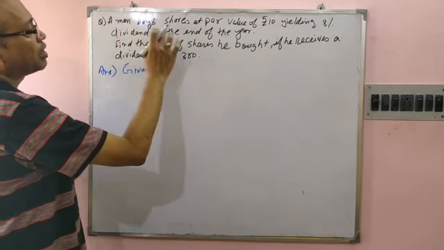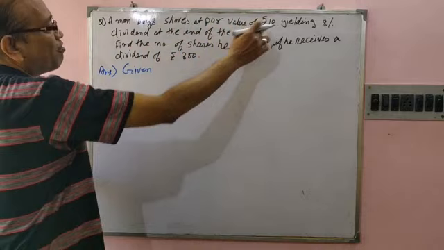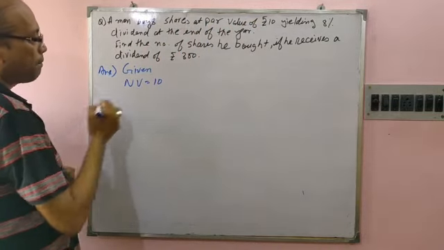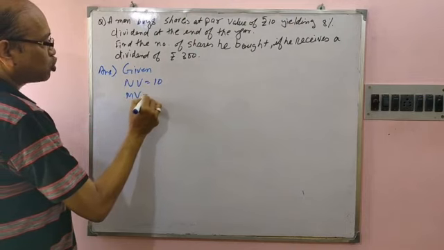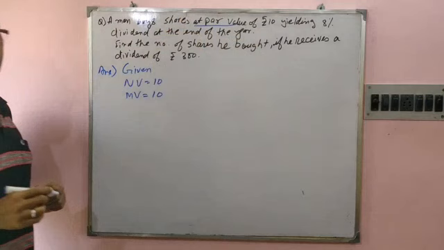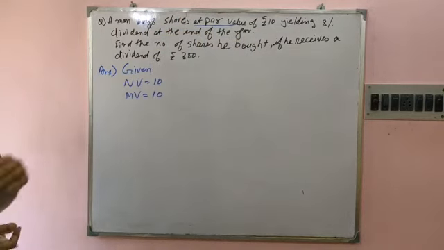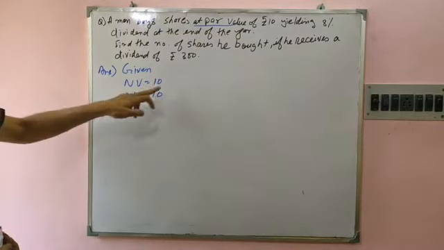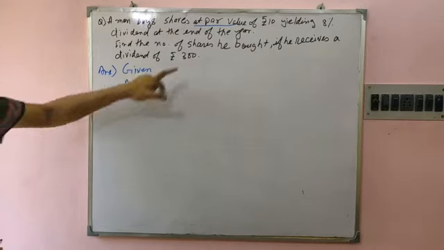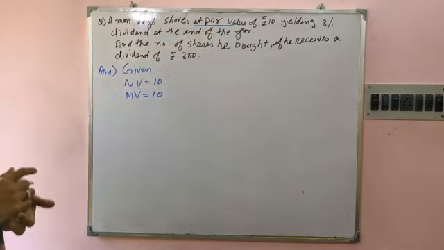Given par value, that means nominal value is rupees 10. Market value is also 10 because it says at par value of rupees 10. At par means same. So nominal value 10. Therefore, market value is also rupees 10 because it is saying at par.